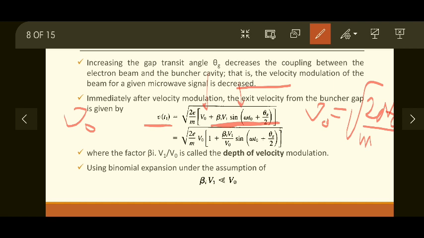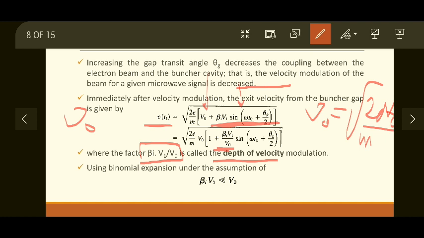If you take v0 outside the bracket, here we will have capital V0 in the denominator. So this beta I into v1 upon v0 is called the depth of velocity modulation.